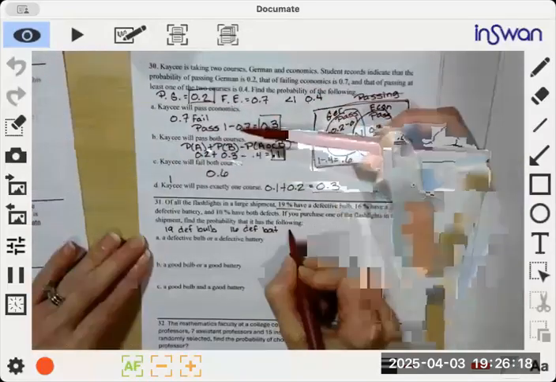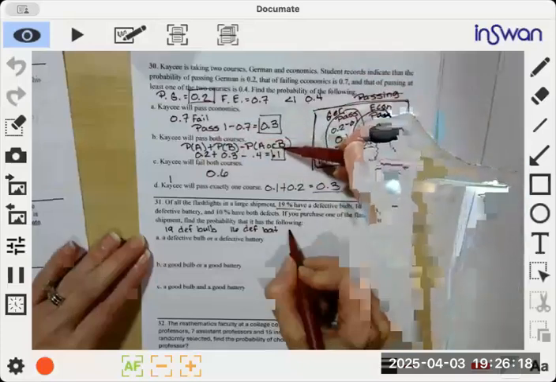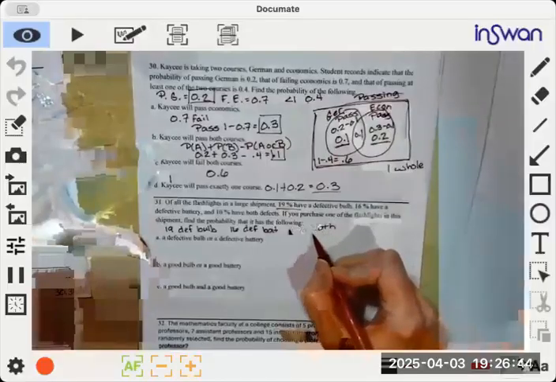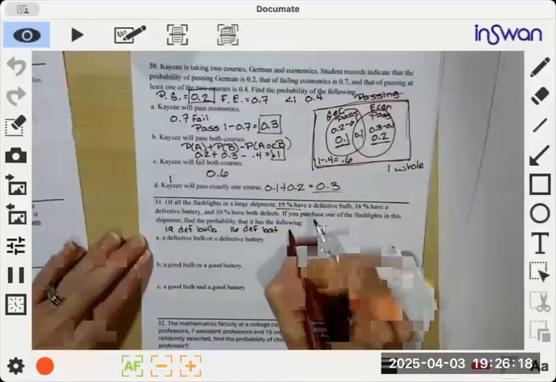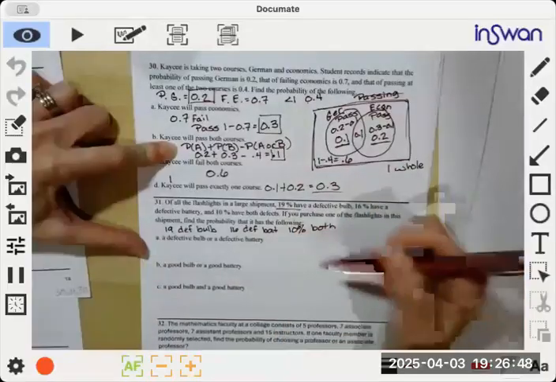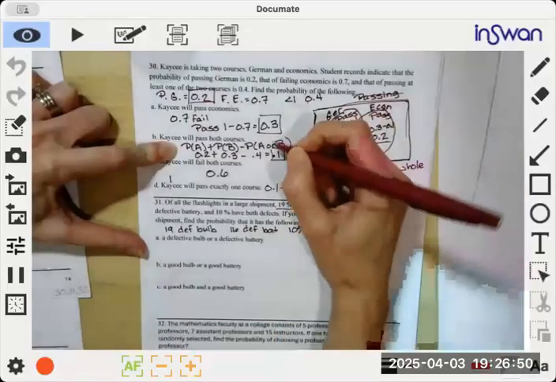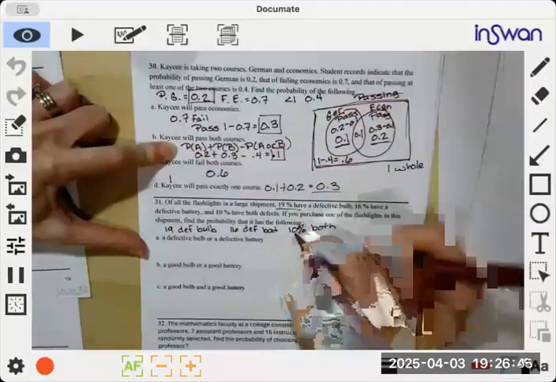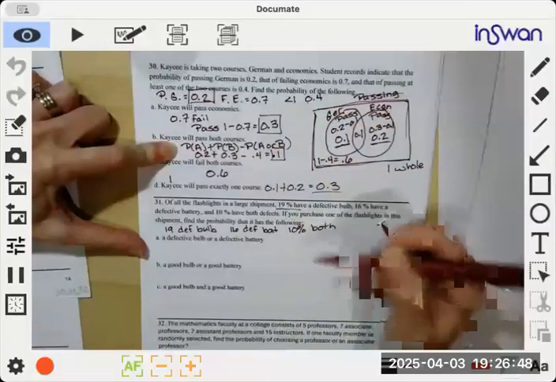Because if I have one and the other, and then the both, which is the or, because it's this or that. No, this is the or. Sorry, this is the or, and we're looking for the and.